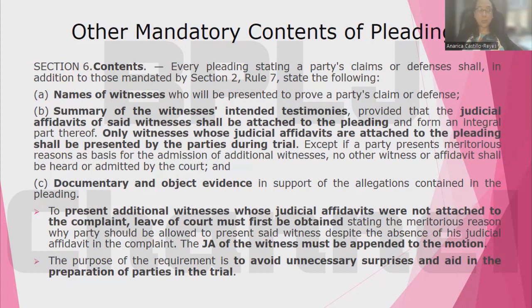Also, it must contain documentary and object evidence in support of the allegations contained in the pleading. The purpose of the requirement, why is it that now it is required that the judicial affidavits of the witnesses should be appended to the pleading? It is to avoid unnecessary surprises and aid in the preparation of the parties in the trial.